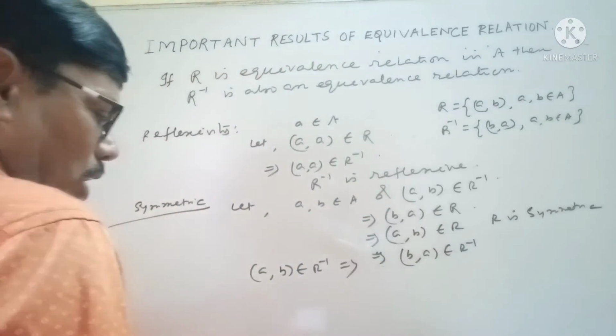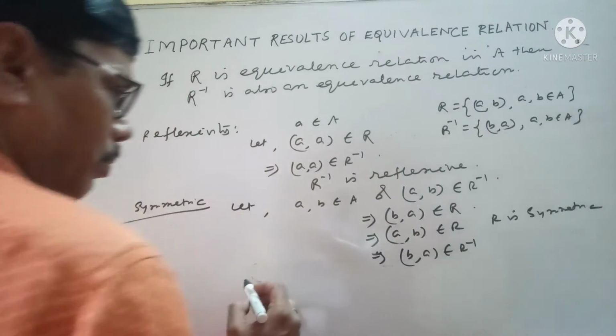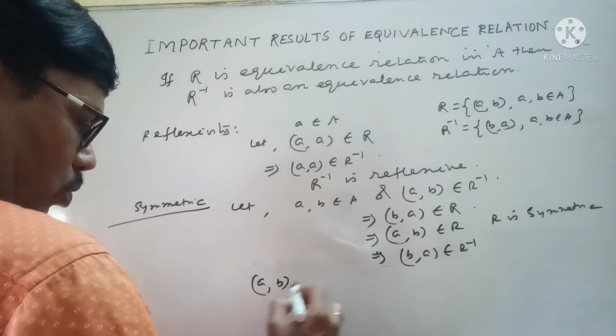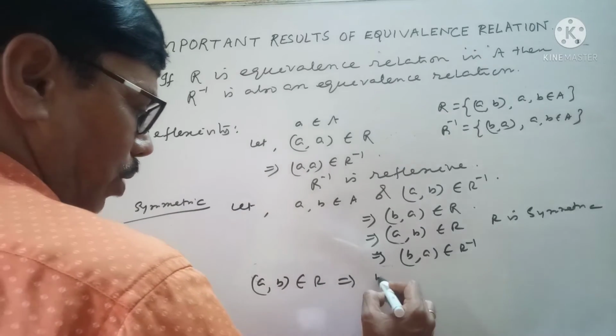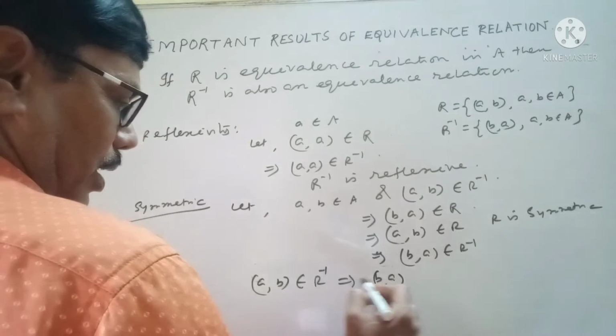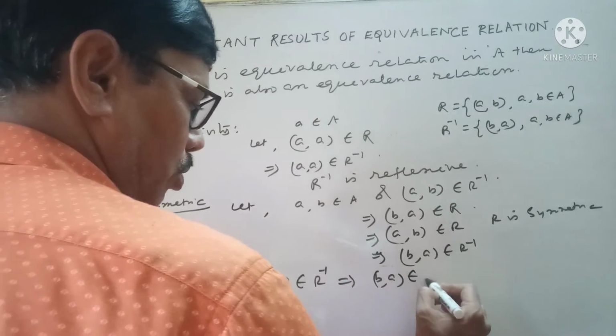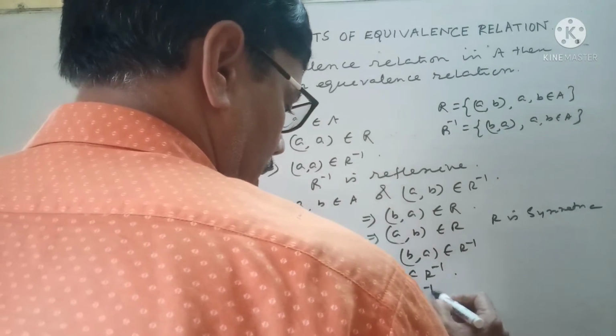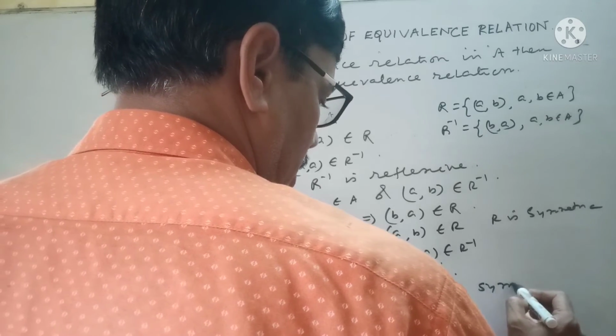Therefore, (a,b) belongs to R inverse implies (b,a) belongs to R inverse. So R inverse is symmetric.